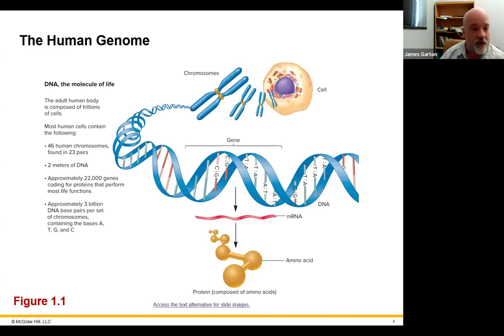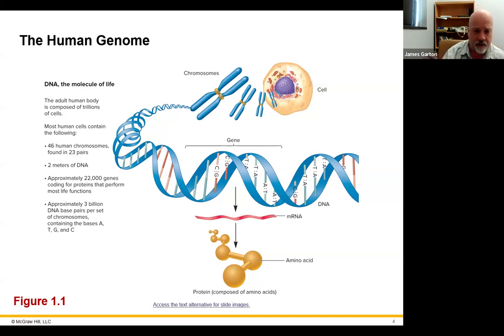And there is basically the human genome. It's about 3 billion nucleotides in size. It has about 22,000 genes on it, give or take. That number is getting closer to 20,000 rather than 22,000. The typical human has 46 chromosomes.